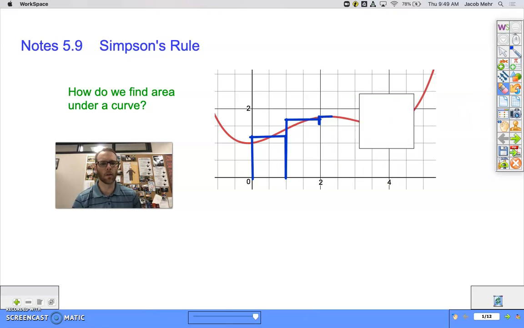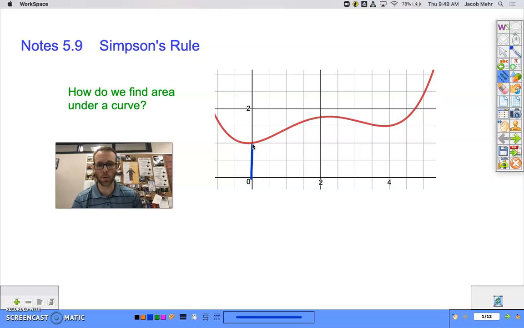The last technique that we used in approximating was to use trapezoids, which looks something like that, which is also pretty good.